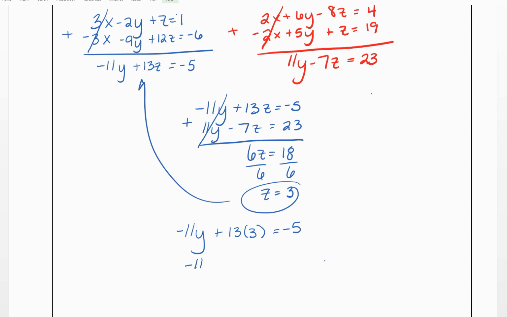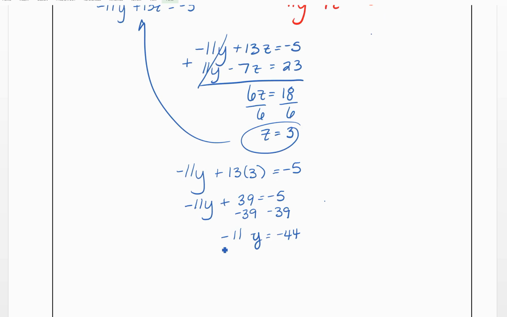So we'd have -11y plus 39 equals -5. We'll subtract 39 from both sides, so we get -11y equals -44. Divide both sides by -11, and we get y equals 4.